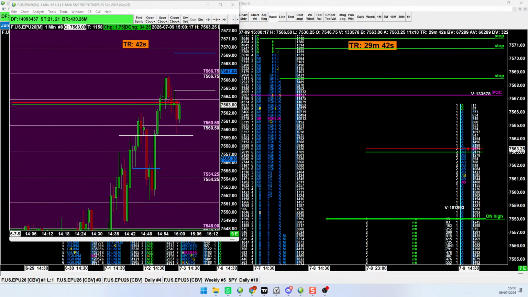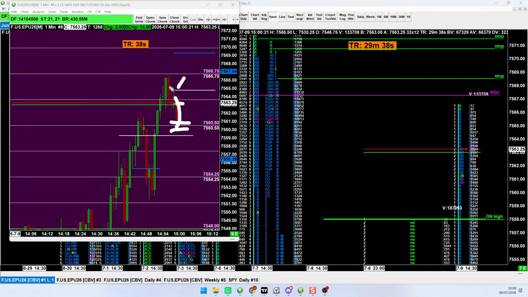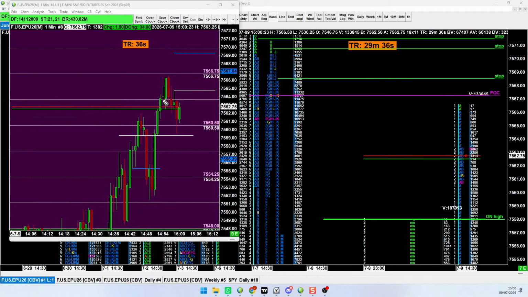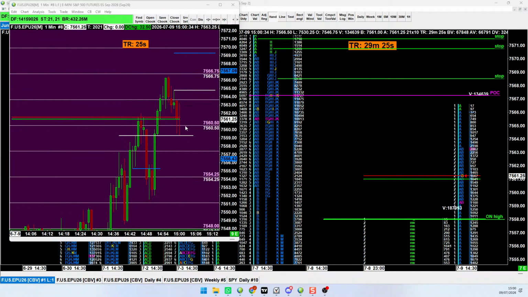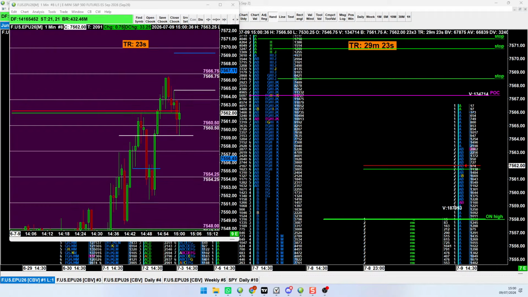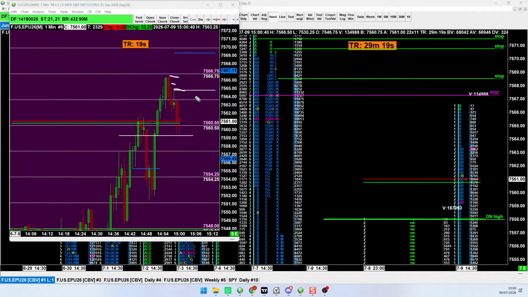That's what we call shorting the backfill, right? You know that they're going to put price on sale to bring in buyers. So you sell with them. When they stop selling, you cover. Do you guys understand the concept of that, the mechanics behind that? The business reason behind that is that what you see that they're selling, and they move their sell orders from here to here to here.